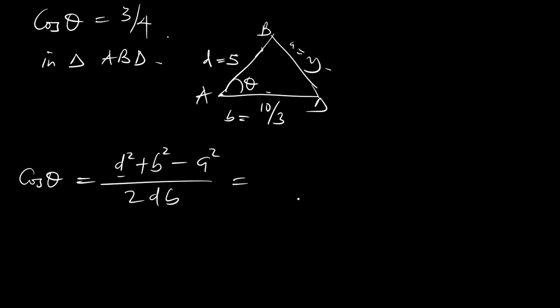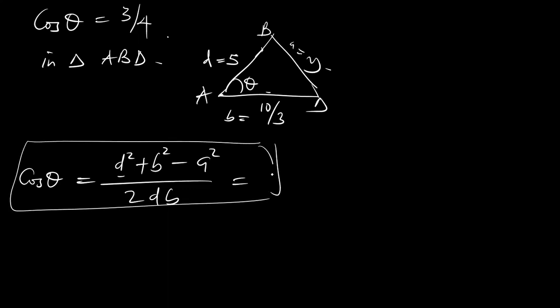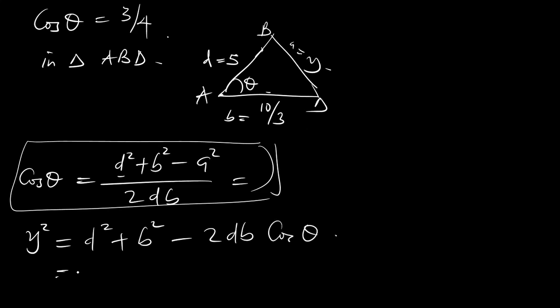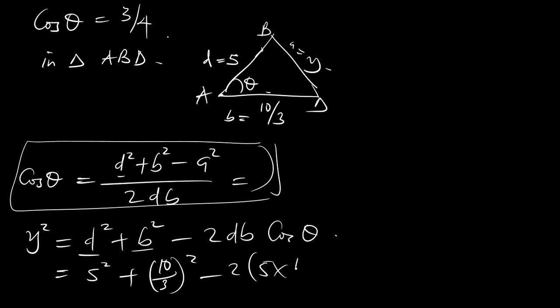Okay, I can also rewrite this in another form. So y square is the same thing as d square plus b square minus 2 db cos theta. So d is 5 square plus b is 10 all over 3 square minus 2 times 5 times 10 all over 3 cos theta.